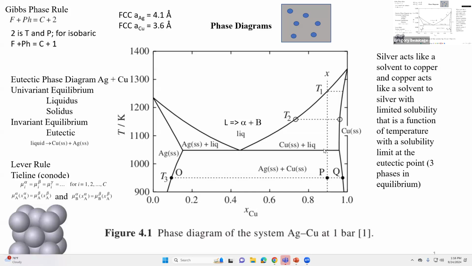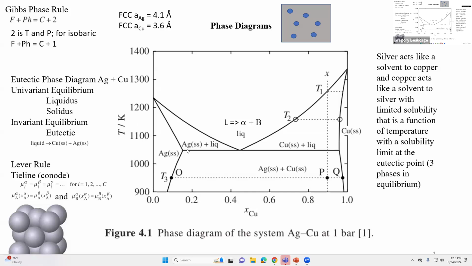So you have three phases in equilibrium: the silver crystal FCC, the copper crystal FCC, and this liquid phase. It's a mixture of about 45% copper and silver. It's kind of a magic point. It's the lowest crystallization temperature. If you have that composition, it's the earliest to turn to a full liquid.